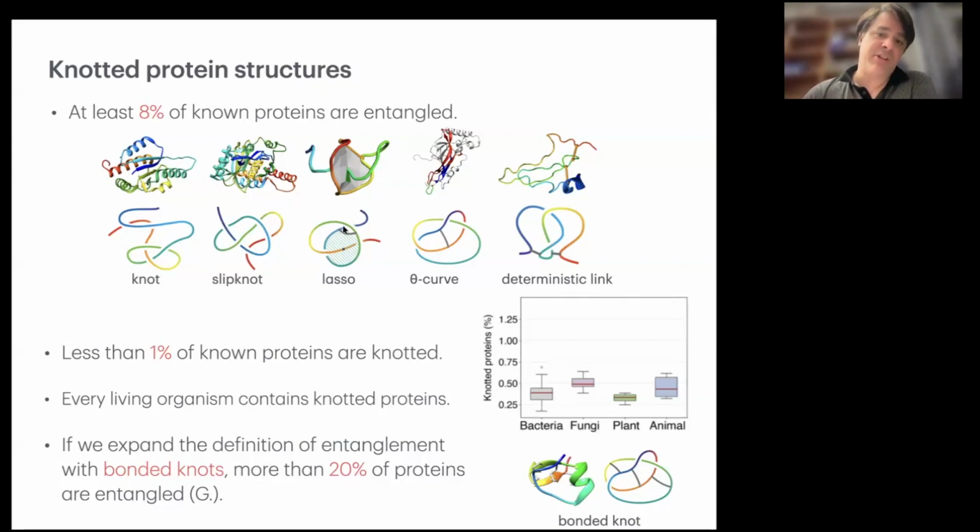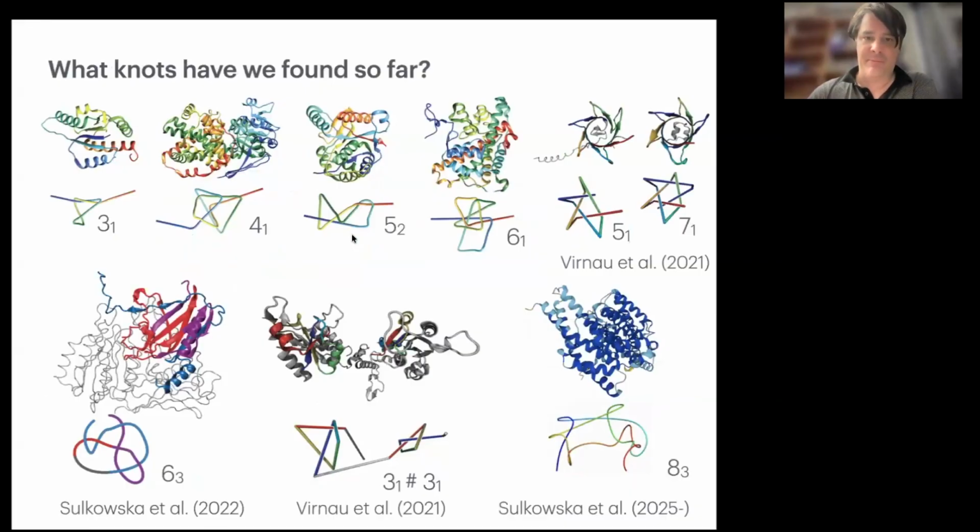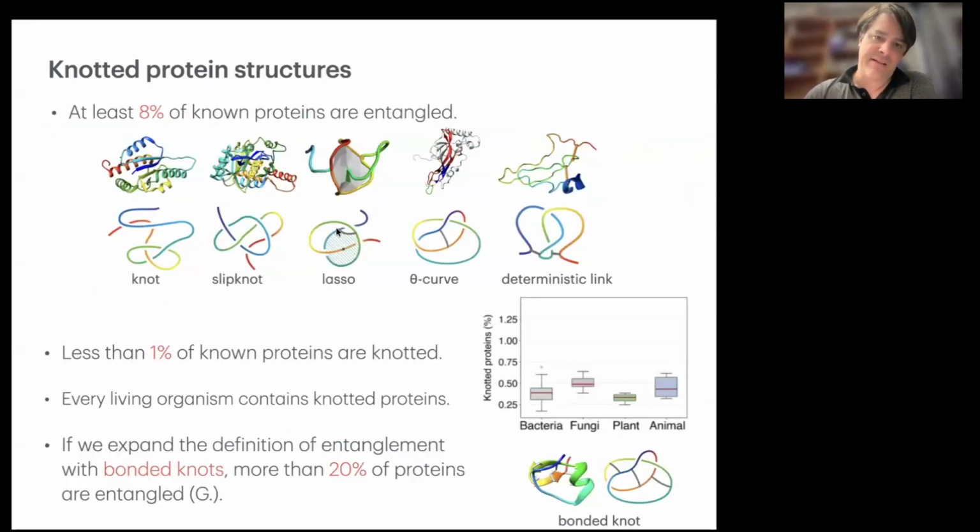Then we have a lasso, which means that, as we'll see a bit later, proteins can also have these intramolecular chains, which we will call bonds. If we have a protein chain and this bond, it forms a disk. And if some other tail of the protein pierces this disk, we call it a lasso.